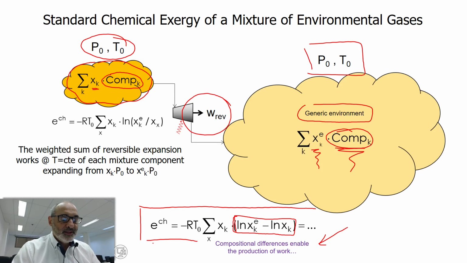So it's the compositional differences that enable the production of work. Remember the first slide was the osmotic power plant. That's exactly how it works.